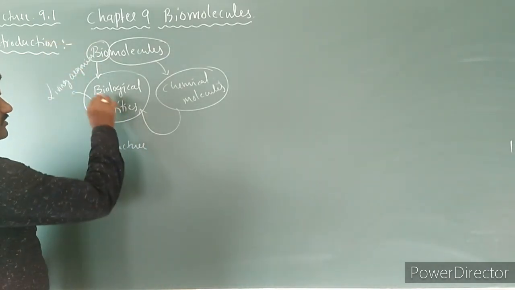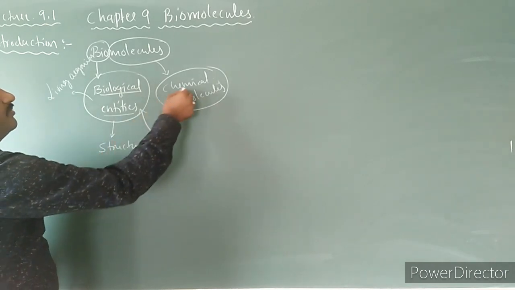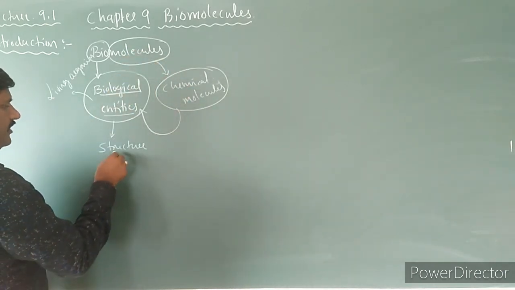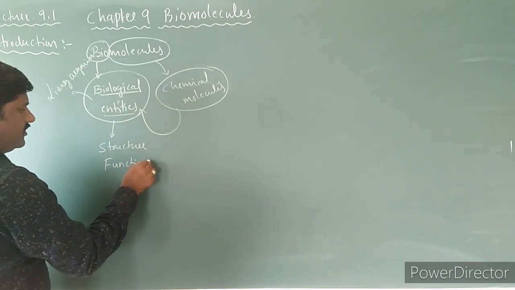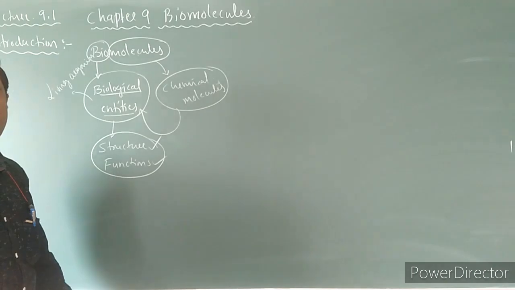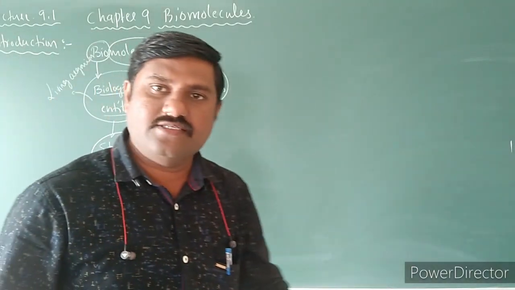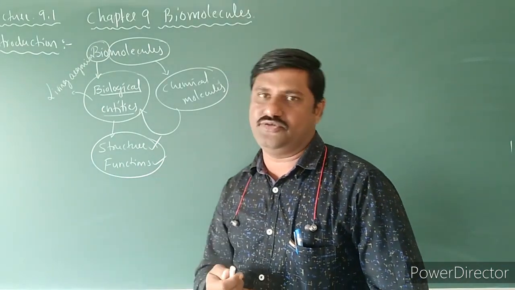Living organisms, these biological entities are. So their structure is made up of these molecules, as well as these molecules are responsible for functions. Structure as well as functions. And such kind of molecules are said to be biomolecules.